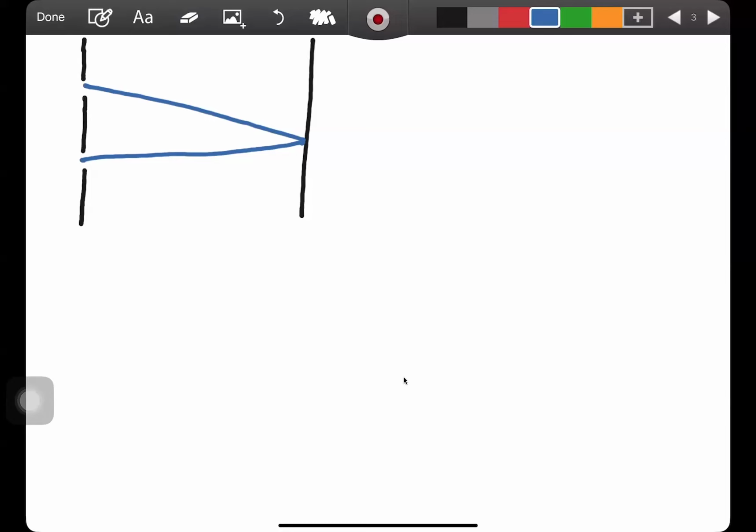So if the waves are in phase with each other, that means peaks align with peaks and troughs align with troughs. Then they're going to hit the screen still in phase with each other. And they're going to add up to make a super wave. And so you would have a bright region at the center of the screen. So you can imagine you'd have a bright region right in the middle. And this is called the central maximum.